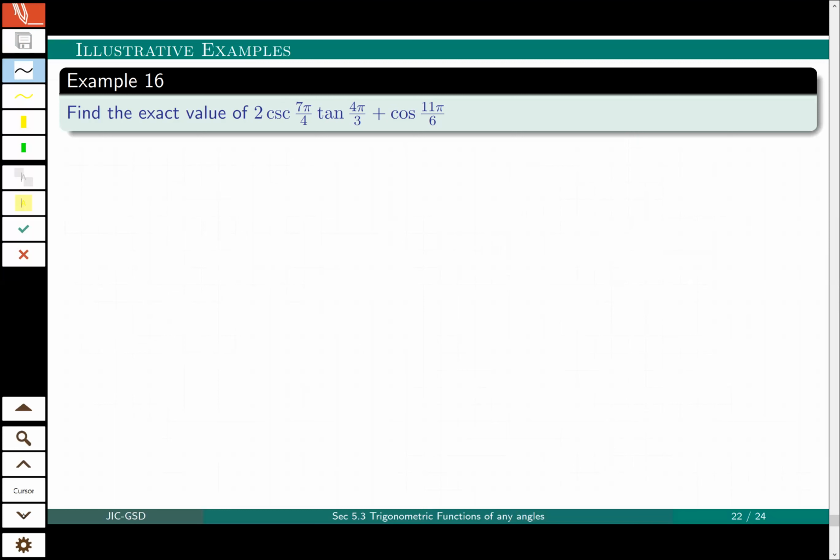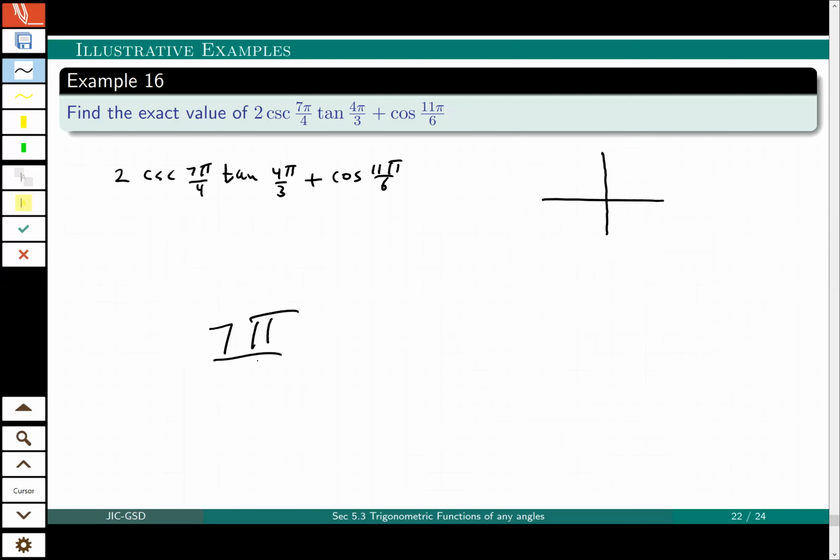Now, quickly, we have 2 cosecant 7 pi over 4 times tan 4 pi over 3 plus cosine 11 pi over 6. As I said, where is 7 pi over 4? Look here, shabab. 7 pi over 4 is close to what? If this is one more, it will be 8 pi over 4, which is 2 pi. So that's 7 pi over 4, the reference angle is pi over 4.